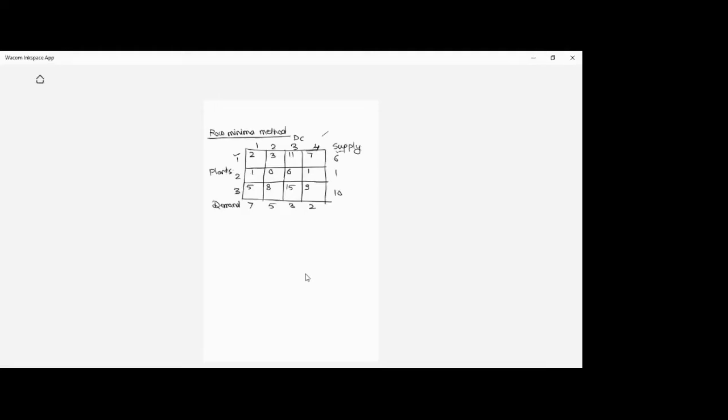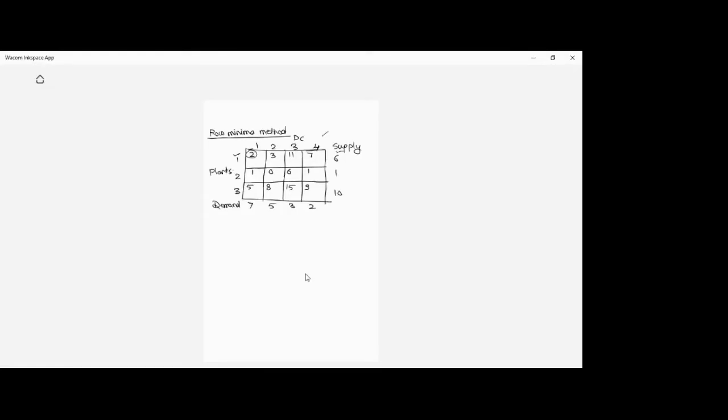So let's try and see the row minima method. For our row 1, the plant under consideration is plant number 1, and the supply limit is 6. The cell with the least unit cost is this one, 2, and here we are going to allocate the maximum quantity of milk.